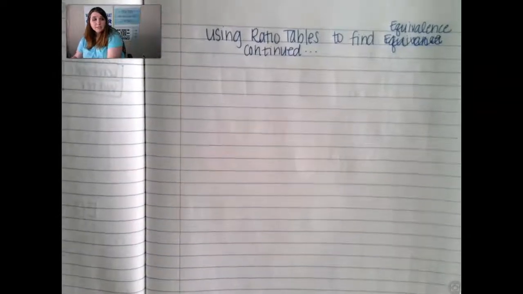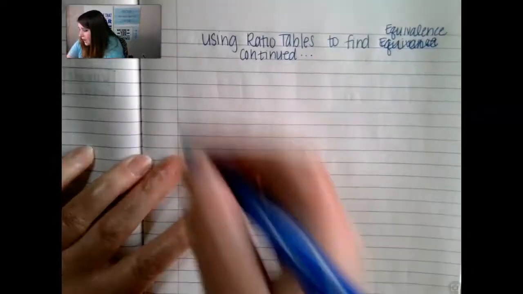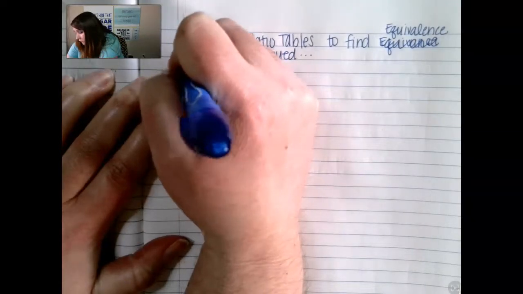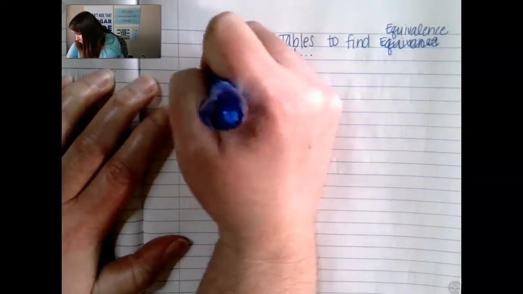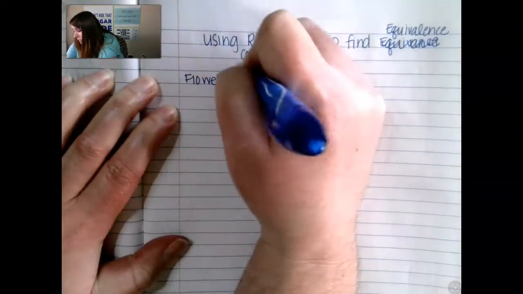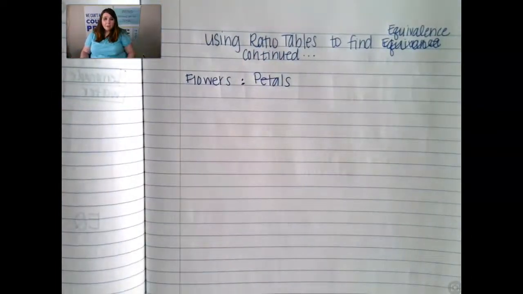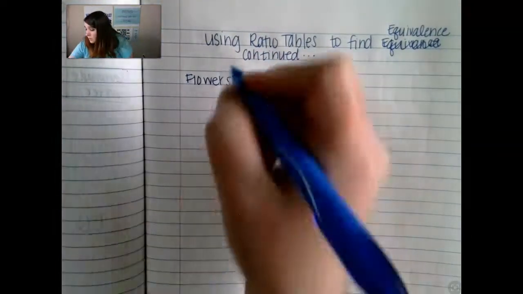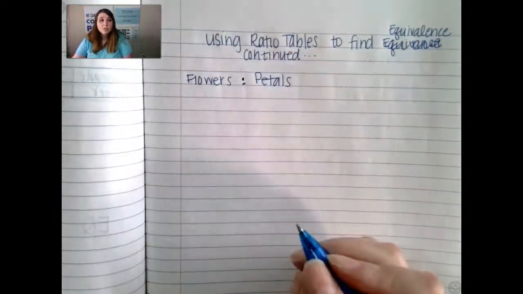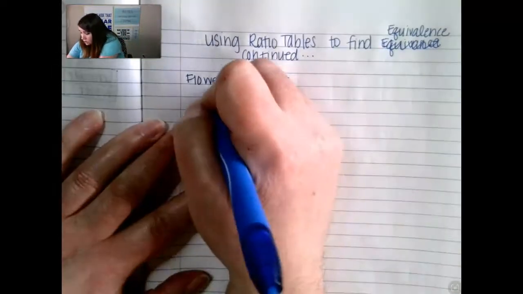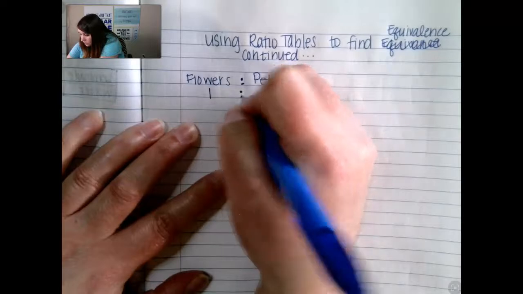So let's say that, again, I have a ratio table set up, and I am comparing flowers to petals. Let's say I have flowers compared to petals, and my initial ratio is 1 to 5.